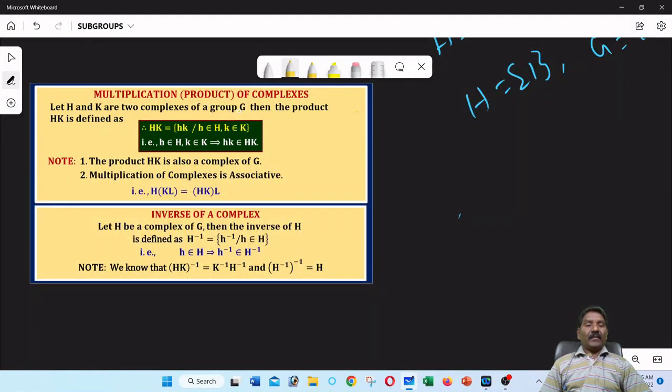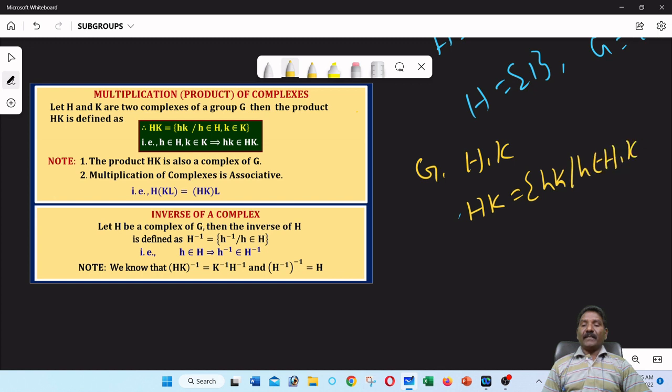Multiplication or product of complexes. Let G be a group and H and K are two complexes of the group G. The product of H and K is denoted by HK and is defined as the set {hk such that h belongs to H, k belongs to K}.